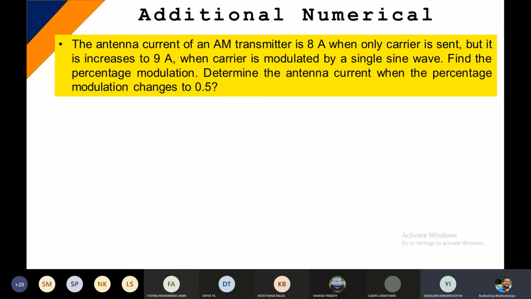Sir, m square equals 2 into IT square by IC square minus 1. So in general, we will start off from here: we know that IT is equal to IC square root of 1 plus m square by 2. This is where it all starts. It's very similar looking to the PT and PC equation that we were referring to a few moments back.